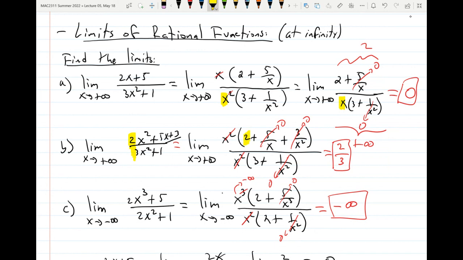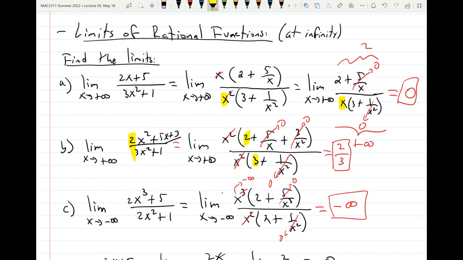In the top we had a 2, in the bottom we had a 3, so that limit was the ratio of those two numbers, 2 over 3. And by the way, in these two cases, A and B, we do have a horizontal asymptote. In the first case, the horizontal asymptote is y equals 0. In the second case, the horizontal asymptote is y equals 2 over 3. Once again, if it would have been as x approaches negative infinity, the same idea applies, and we will get the same result.